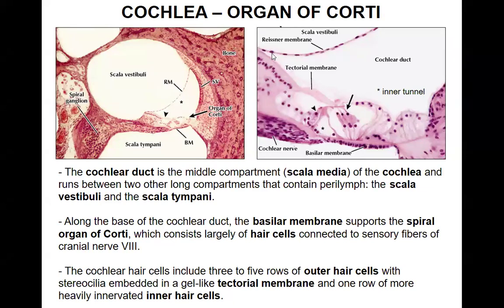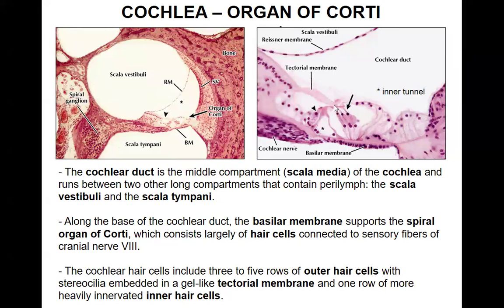So this would be the Reissner membrane that is at the place where the scala vestibuli meets with the cochlear duct. Here is the basilar membrane, and on this basilar membrane are attached with their base part the outer hair cells.